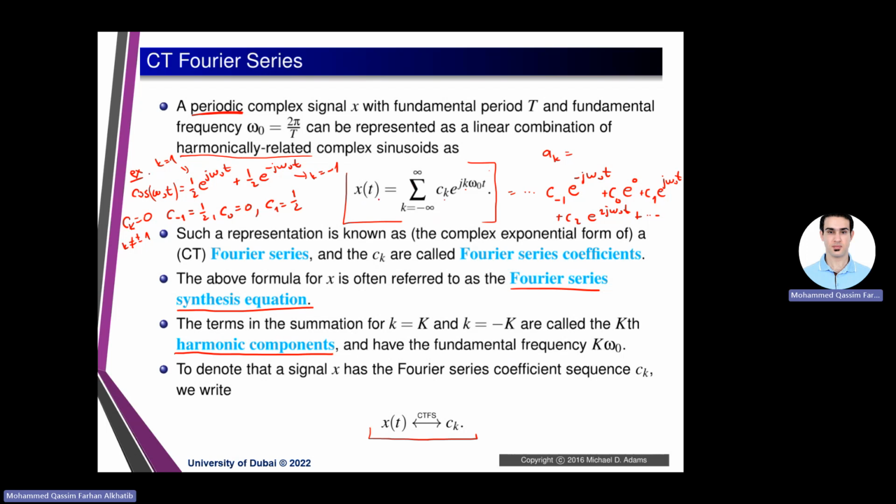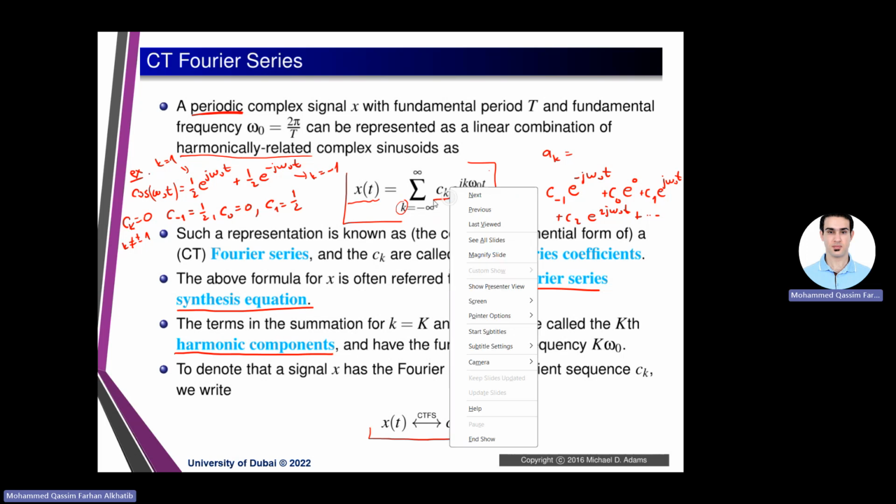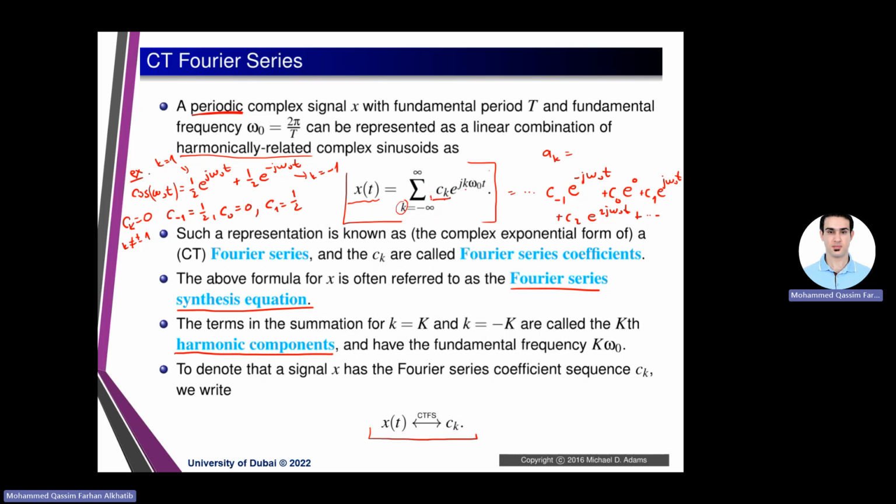So x of t, that's the original signal, equals the summation from negative infinity to infinity over an index k. And I have coefficients, what we call the Fourier coefficients, C of k, or sometimes A of k, it's the same, times e to the power j k omega naught t. So all periodic signals could be represented using this expression.